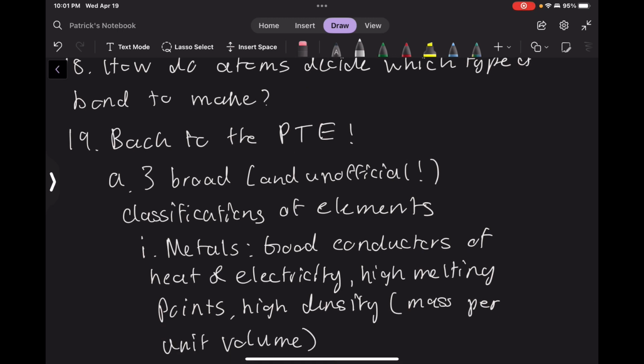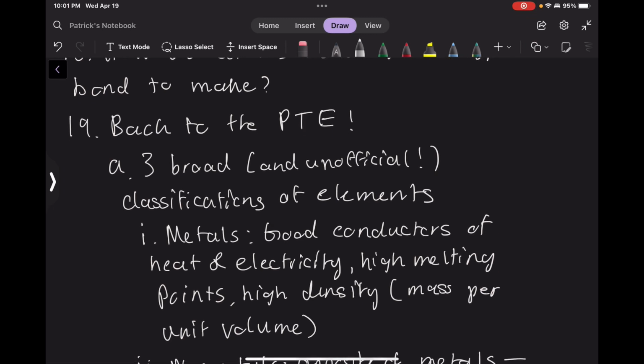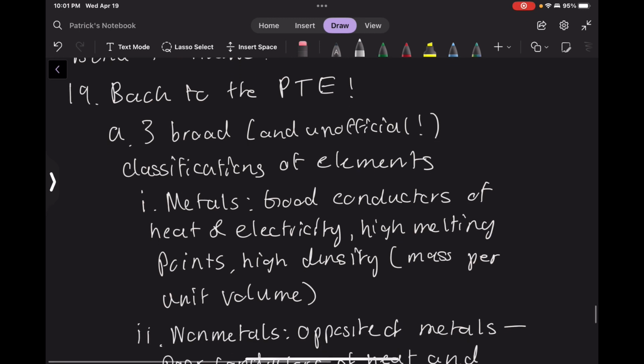It's important to clarify that these are completely unofficial categories, especially concerning the metalloids or semimetals. Speaking broadly, metals are elements which are good conductors of heat and electricity. This means that they allow heat and electricity to pass through them easily and don't offer much resistance in that vein. We can easily demonstrate this by imagining a metal pot filled with boiling water.